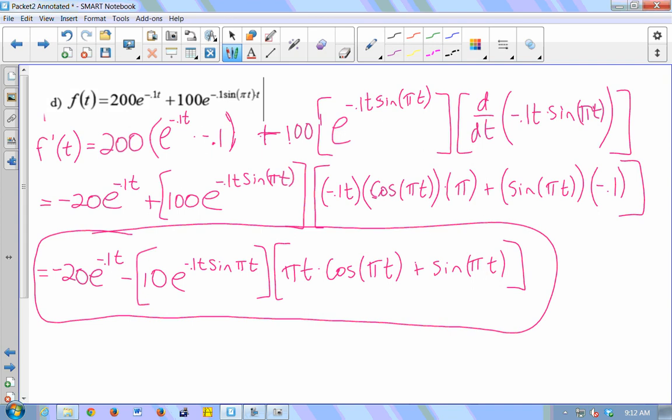So the trick is just do one thing at a time, right? Apply one rule at a time. Don't try to take the whole derivative in one step. When you come upon taking the derivative of the inside, or if you're doing a product rule within a quotient rule, when you're doing a rule within a rule, it really helps to keep your work organized.